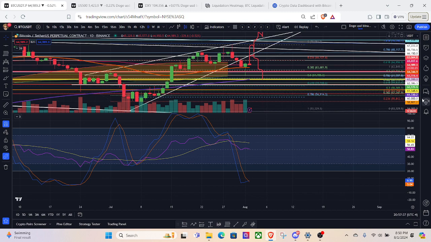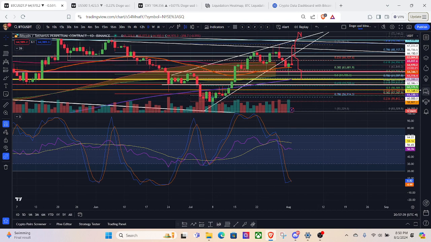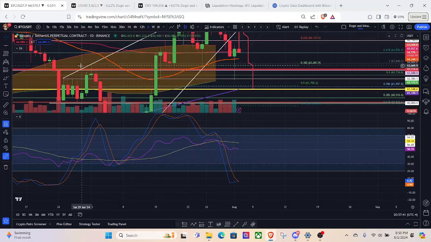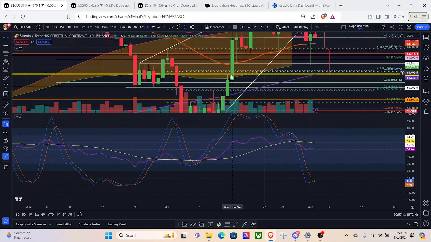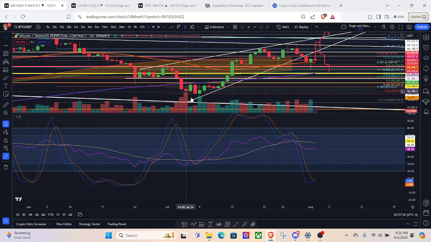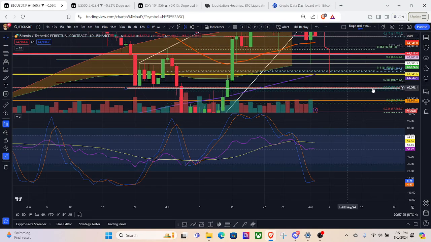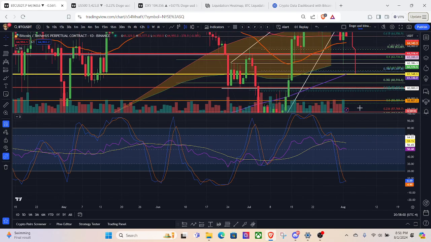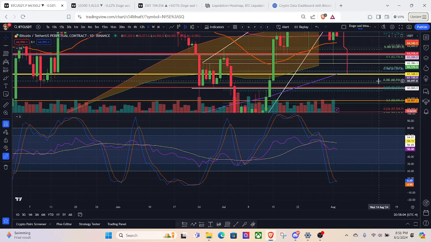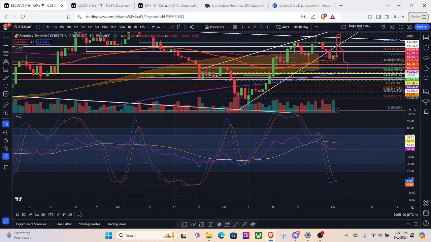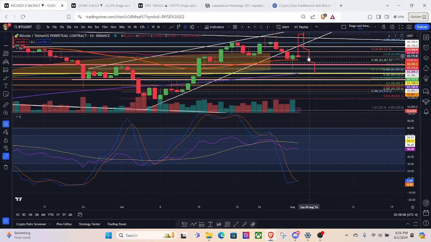So that sits just below 60K, which is also coincidentally almost identically the same area as this fib that I mentioned earlier, drawing from this local high to this swing low. So you've got a few different confluences here. Another one being this support resistance line that I have drawn there around 60K. So there is reason to believe that price could potentially hold up at 60K if we were to break down further from here.